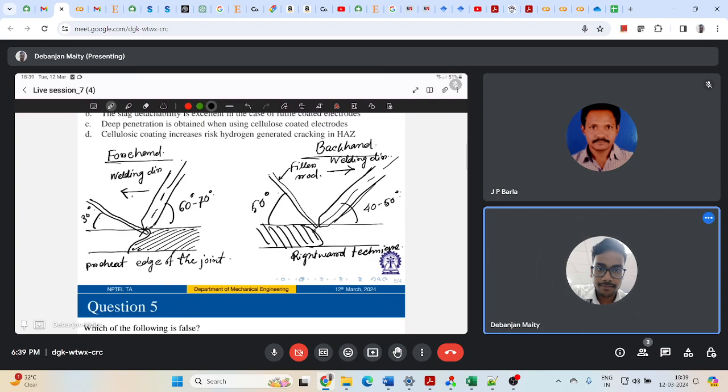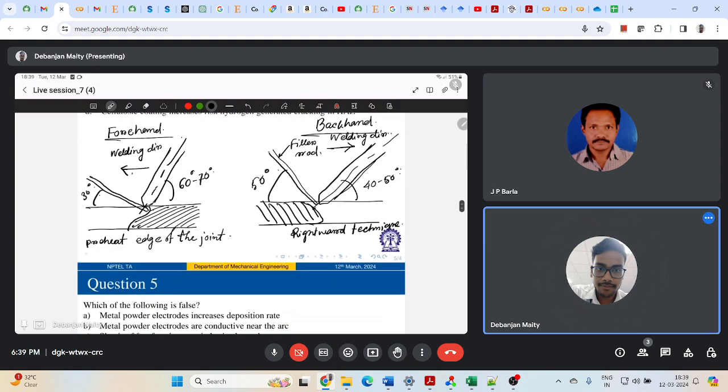So thicker sections demand bevel edge preparation, so that root fusion will be achieved, right?